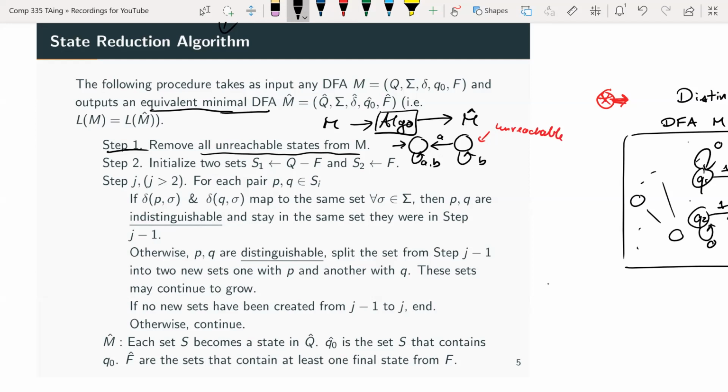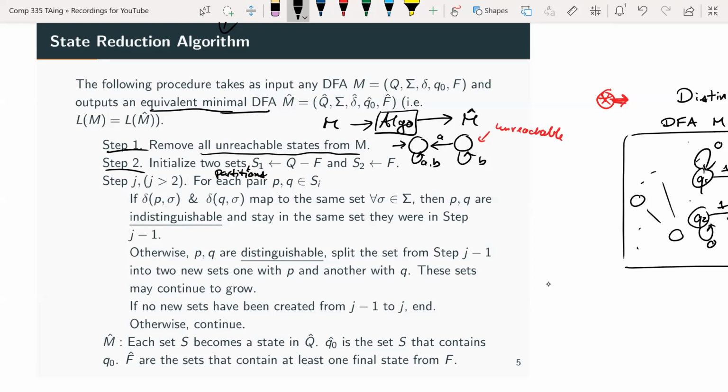The second step is where you get into the bulk of the computation, the real computation of the algorithm. You want to initialize two sets, or I'm also going to call them two partitions. There's going to be more than two at some point, but for now there's only two.